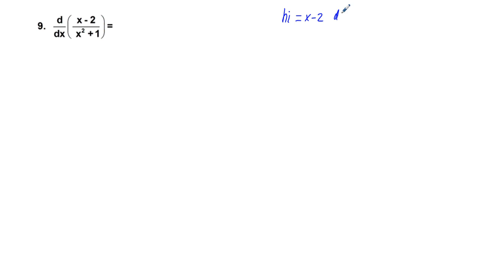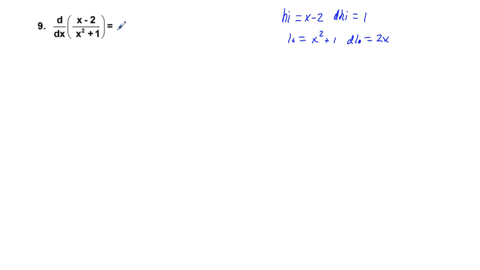The derivative of the high is equal to 1. Low is equal to x squared plus 1. D low is equal to 2x.